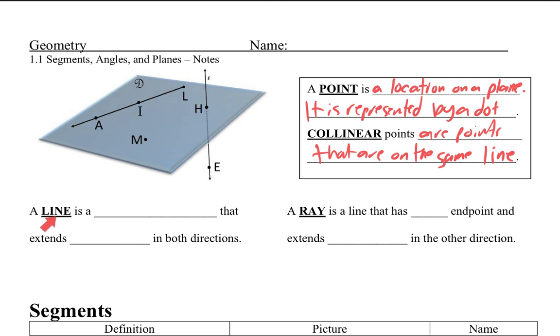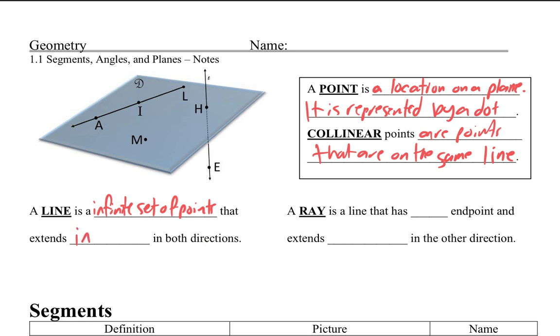So a line specifically, okay, the rule on a line, it is an infinite set of points that extends indefinitely in both directions, so it keeps going.